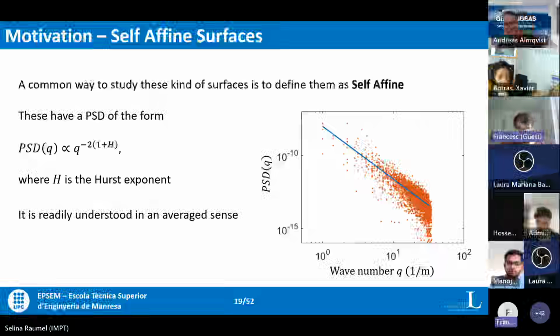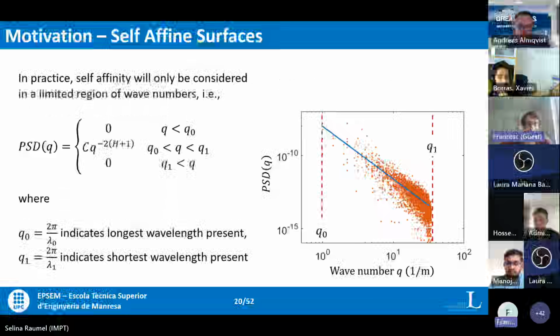And finally, another important feature of this power spectrum is that in general we will only consider the surface to be self-affine between two ranges. So we have q0 defined as 2 pi over lambda 0, and lambda 0 is the longest wavelength present.